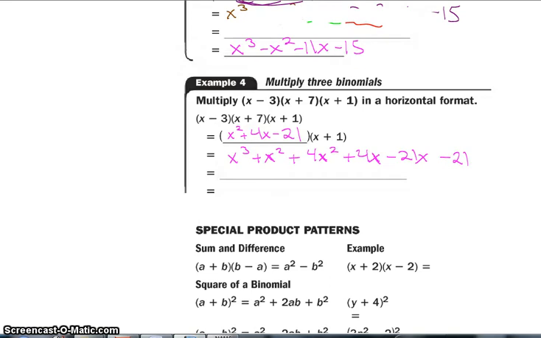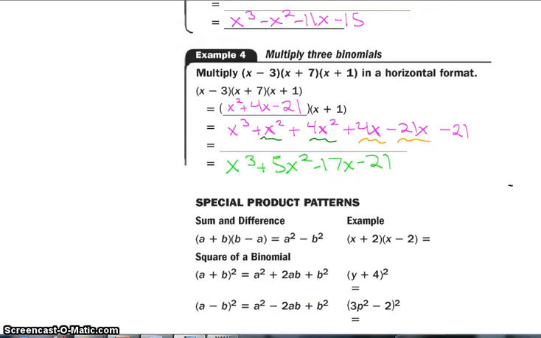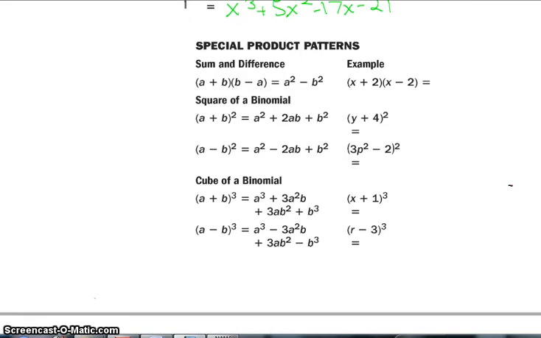Again, we'll look for our like terms and simplify. So we have x cubed plus 5x squared minus 17x minus 21.